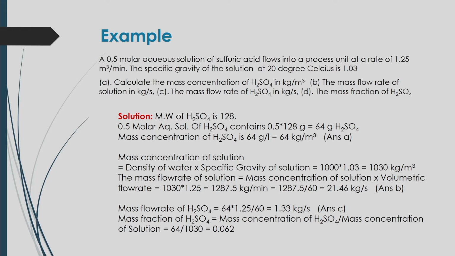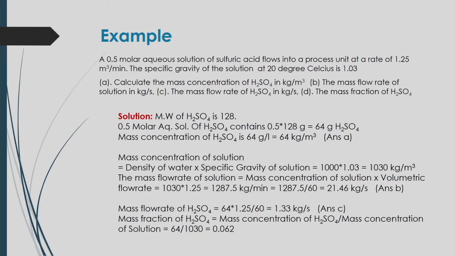As an example, suppose a 0.5 molar aqueous solution of sulfuric acid flows into a process unit at a rate of 1.25 meter cube per minute. The specific gravity of the solution at 20 degrees Celsius is 1.03.